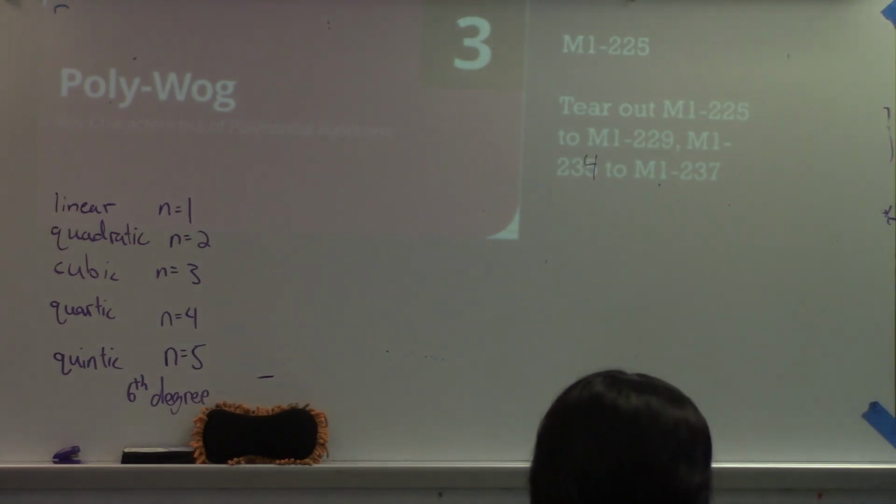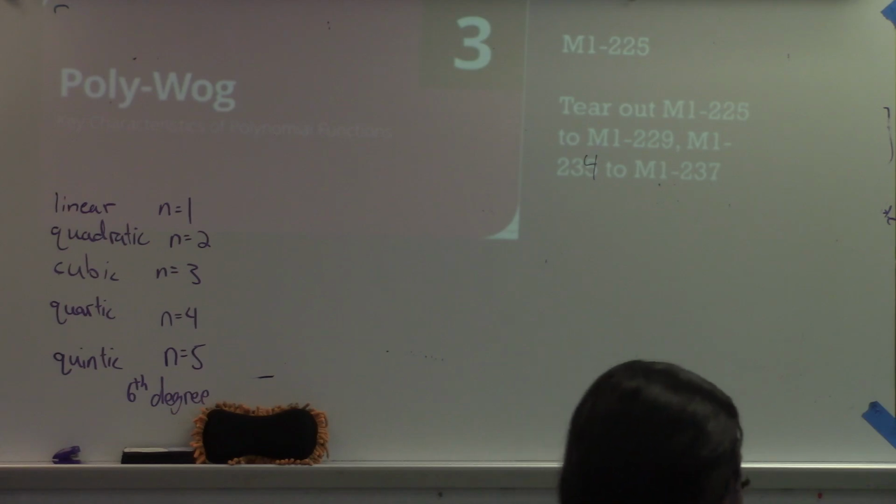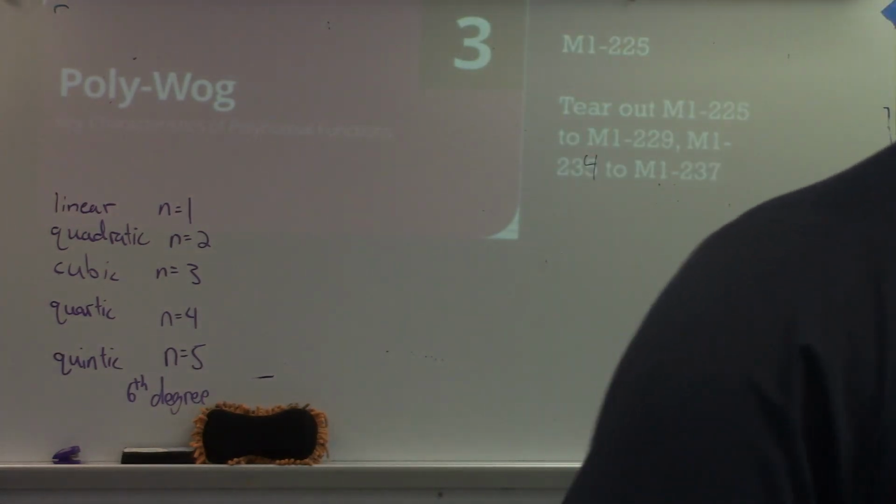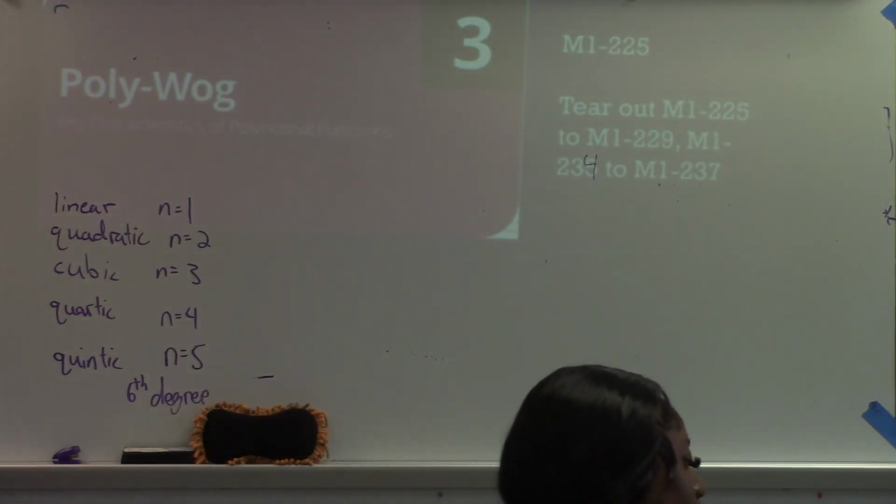And I'll have to fix that. I added one more page later. Thank you. 234 to 237 is what you need for that second set. This is just the stuff from that lesson 3 that we're going to use. And once you tear those pages out, it's advisory time.